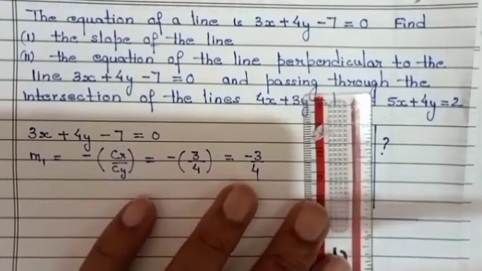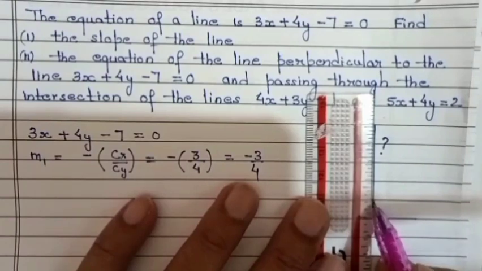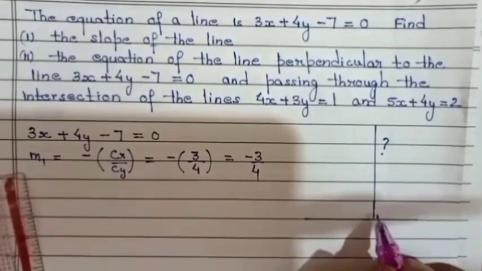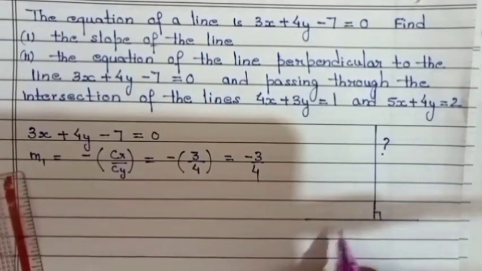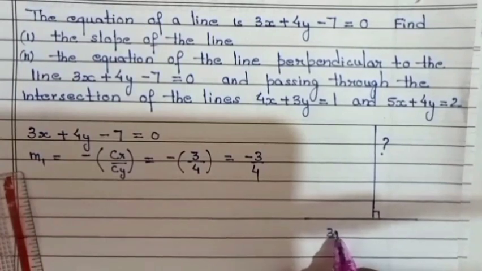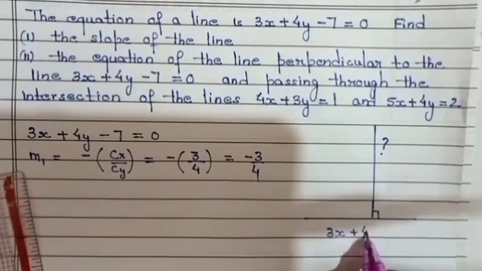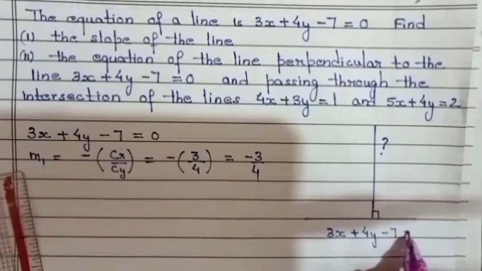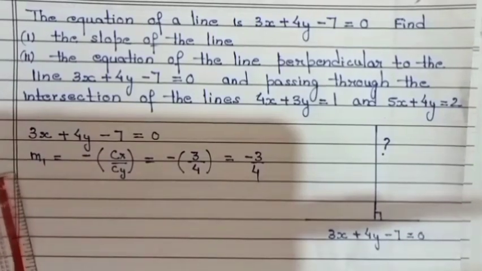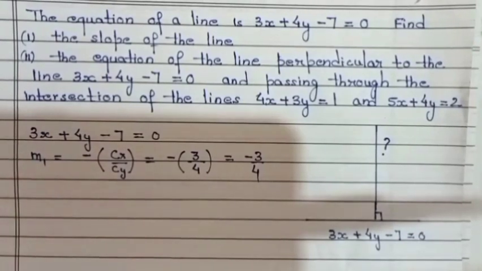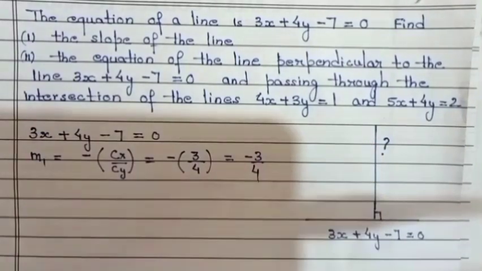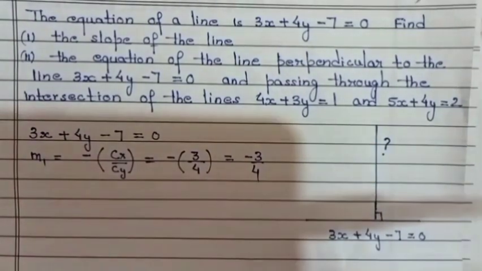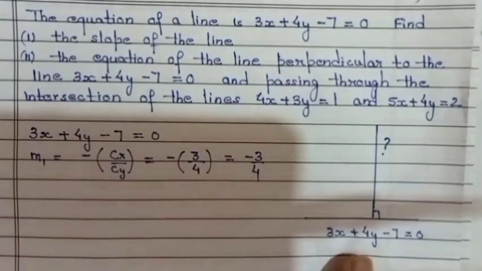So we will draw it like this. It is perpendicular to the line 3x plus 4y minus 7 is equal to 0. Now as you can see in the diagram, we need to find equation of this line and this line is perpendicular to the other line.